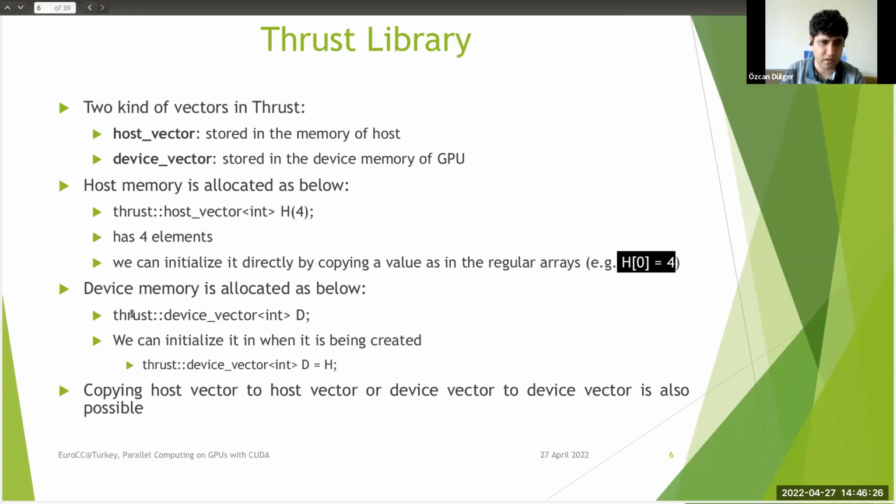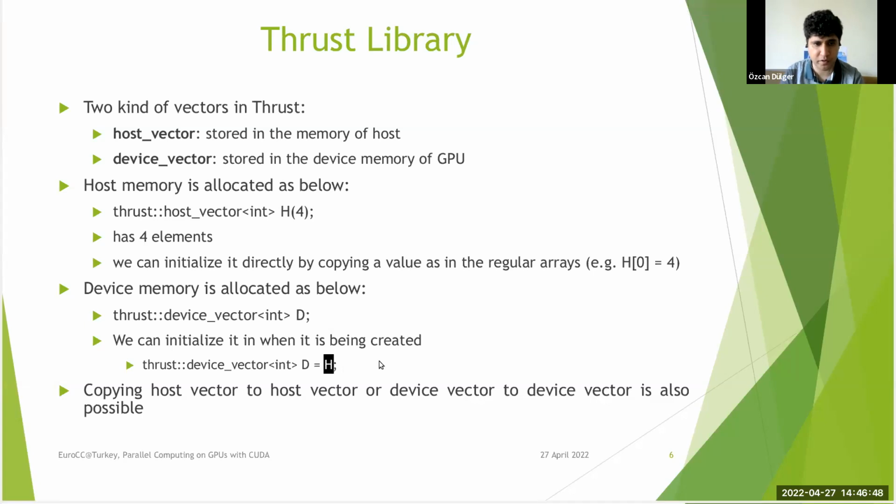We can also allocate a device memory by using device vector of Thrust, and we can initialize it when creating it. We can initialize by using the host vector. Also, we can copy a host vector to another host vector or a device vector to another device vector in Thrust Library.